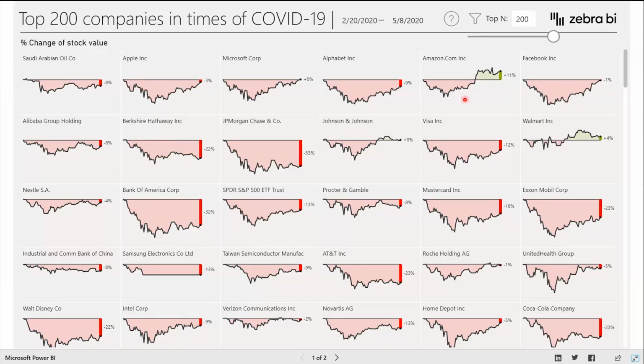Sometimes if you have extreme data visualization, like I have in this example here, I have a lot of charts. So actually, this visual here has 200 charts. So clearly, I don't have the space to show all the labels, right? But some of them are maybe important. So I decided just to use the last label here so that we understand what is the change of the stock value of each and every company.